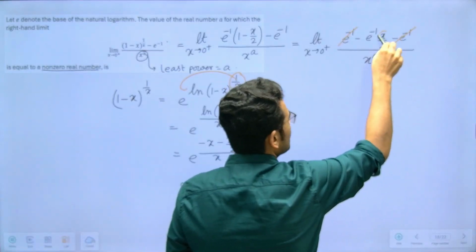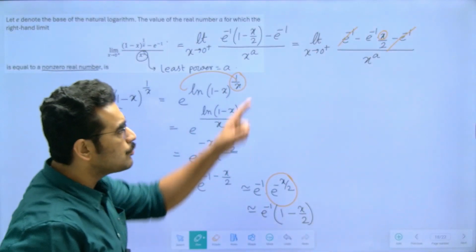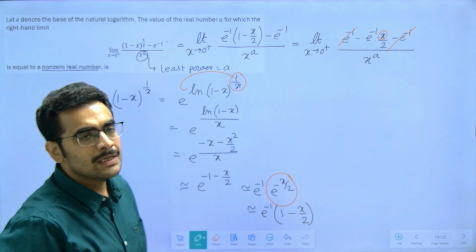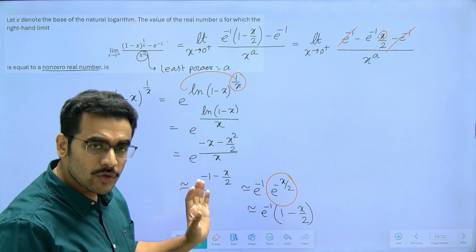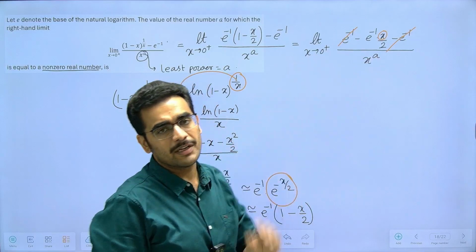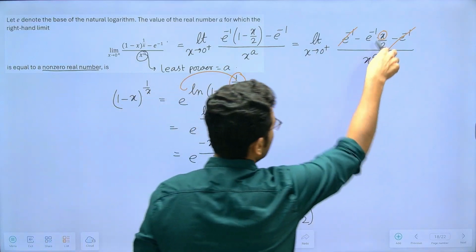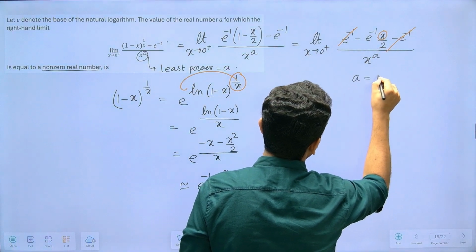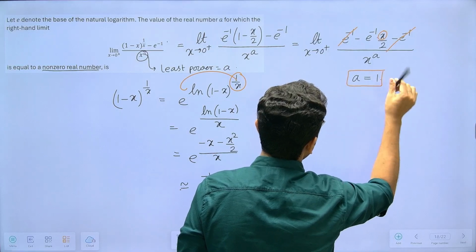Now what is the least power of x in the numerator? The least power of x is 1. Since the limit value is non-zero real, the power in the denominator should also be 1. So by comparing, we can say a is equal to 1, and that is the answer.